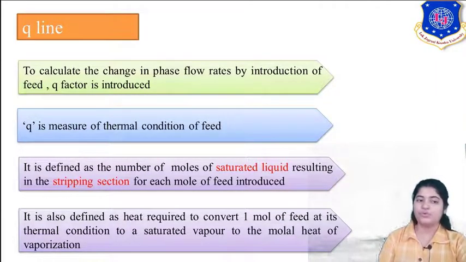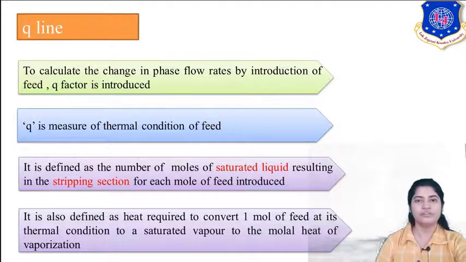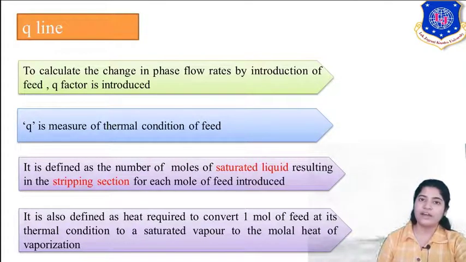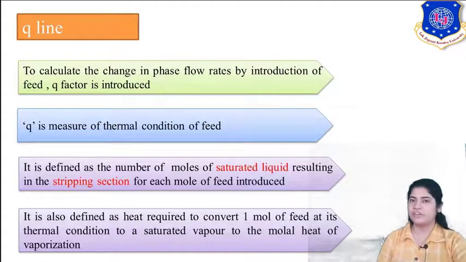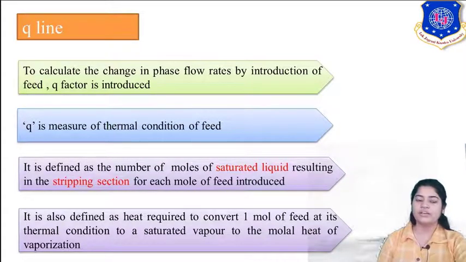Now Q is also defined as the number of moles of saturated liquid resulting in the stripping section for each mole of feed introduced. It is also defined as heat required to convert 1 mole of feed at its thermal condition to a saturated vapor upon the molar heat of vaporization. The thermal condition of feed might be what?